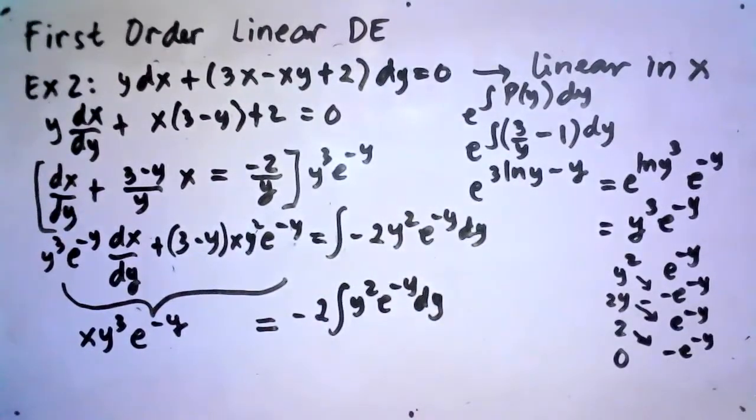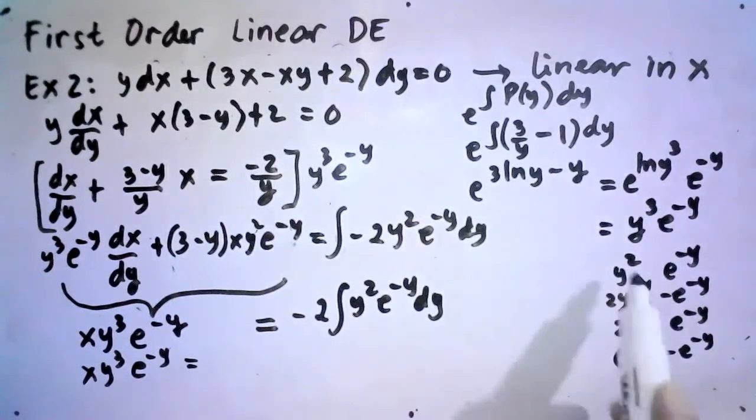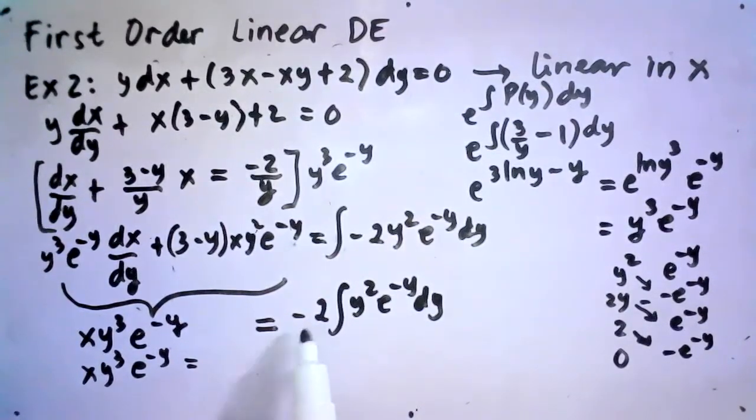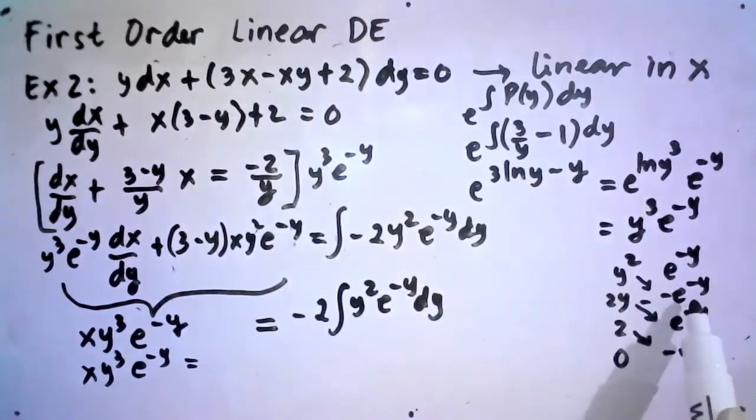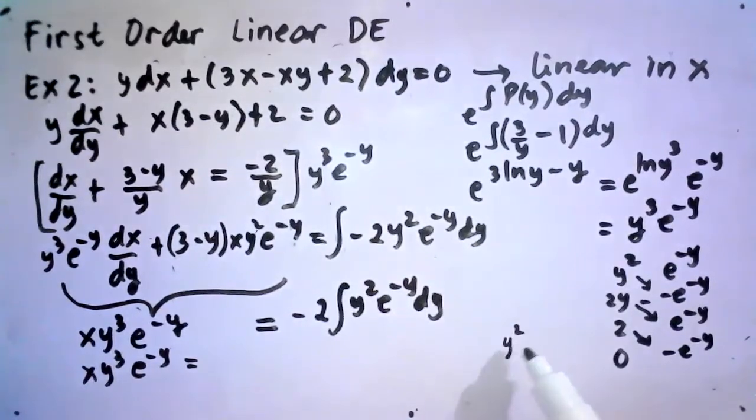So the result here is x y cubed e negative y, which is equivalent to, whatever the result here, I will multiply it by negative 2. Y squared times negative e negative y equals negative y squared e negative y for this part.